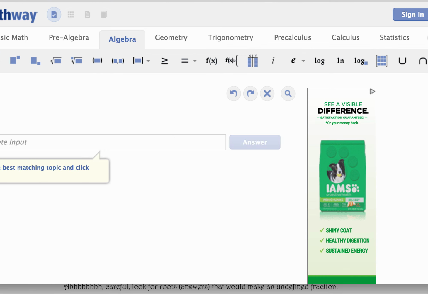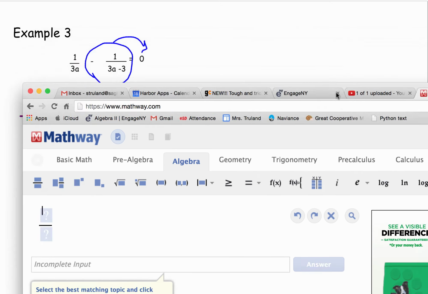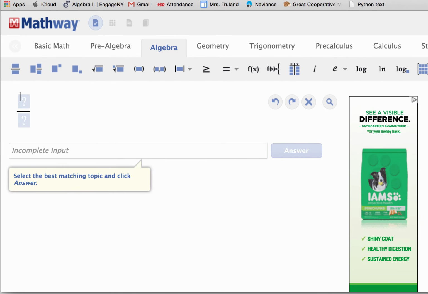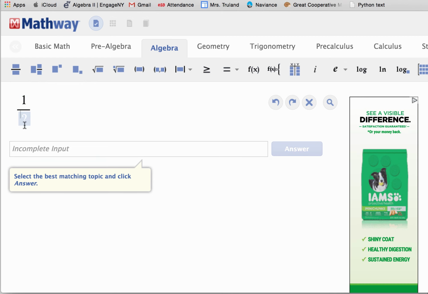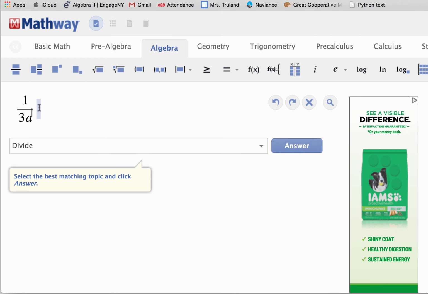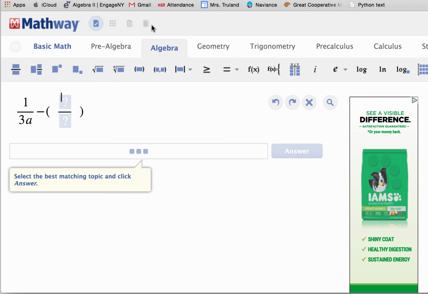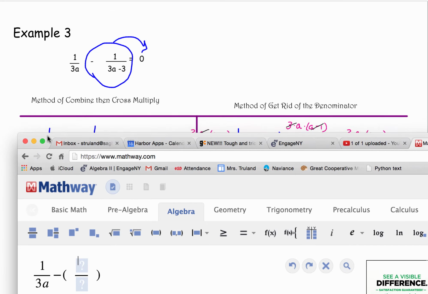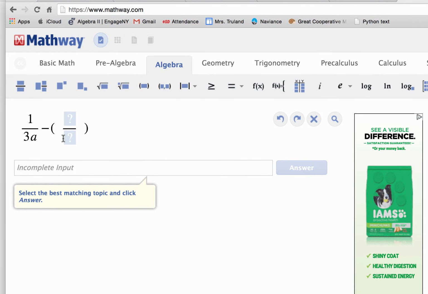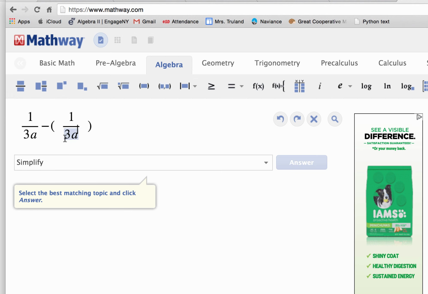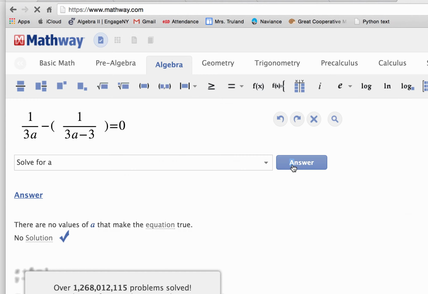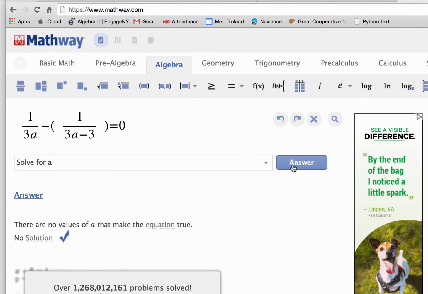First problem was, oops, I didn't put my parentheses in there, but that's okay. 1 over 3a minus, okay, and in parentheses here we're going to have another fraction, and that was the fraction 1 over 3a minus 3, equals 0. Okay, solve for a. That's what I want to do. Come on, give me an answer. There are no values of a that make this equation true.